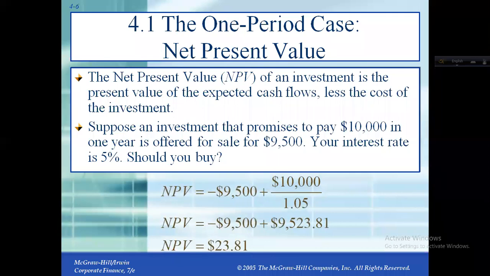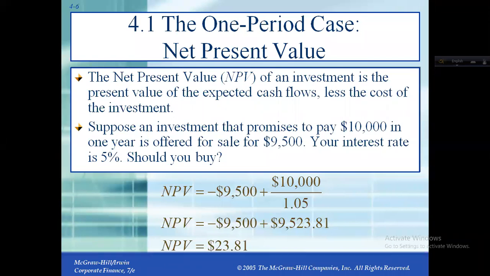So what will we get? Here the NPV equal to outflow, the investment value, is 9,500, denoted by minus. We can calculate the present value of cash inflows equal to future value divided by 1 plus r to the power n. Here the future value, 10,000, is the inflow.